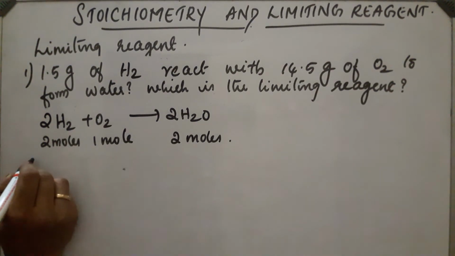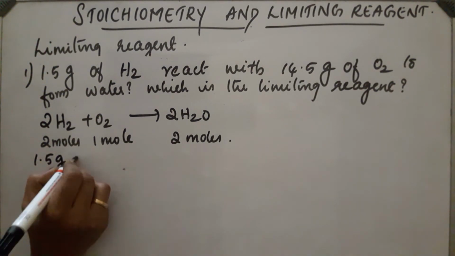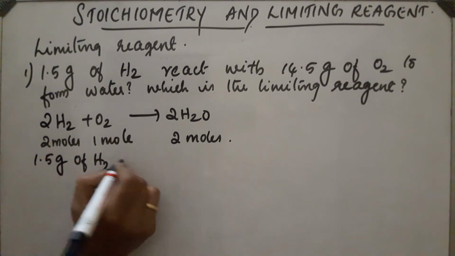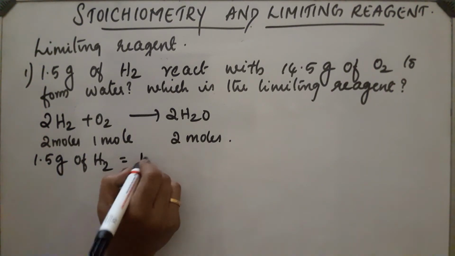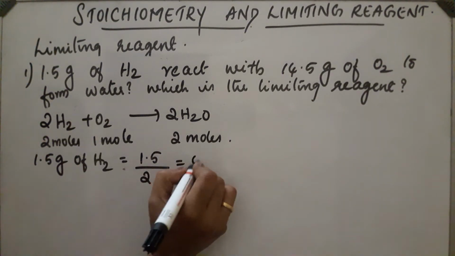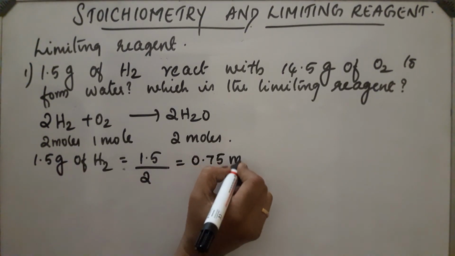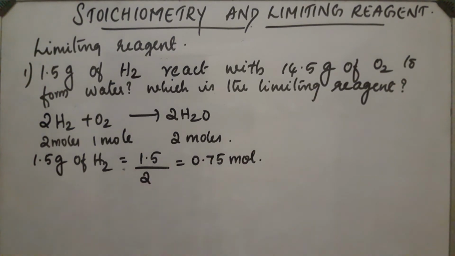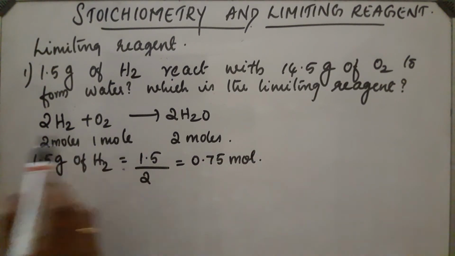So here, the given 1.5 gram of hydrogen will be how many moles? Given mass by molar mass. Molar mass of hydrogen is 2. That is equal to 0.75 mole. Okay. So 2 moles requires 1 mole of oxygen.